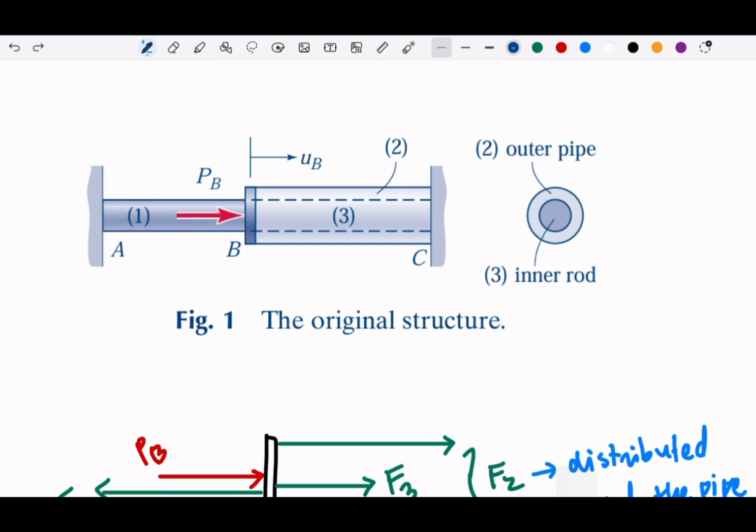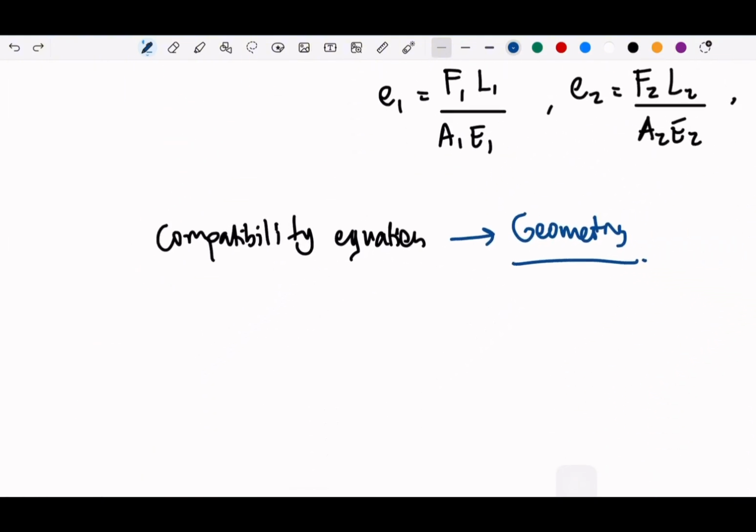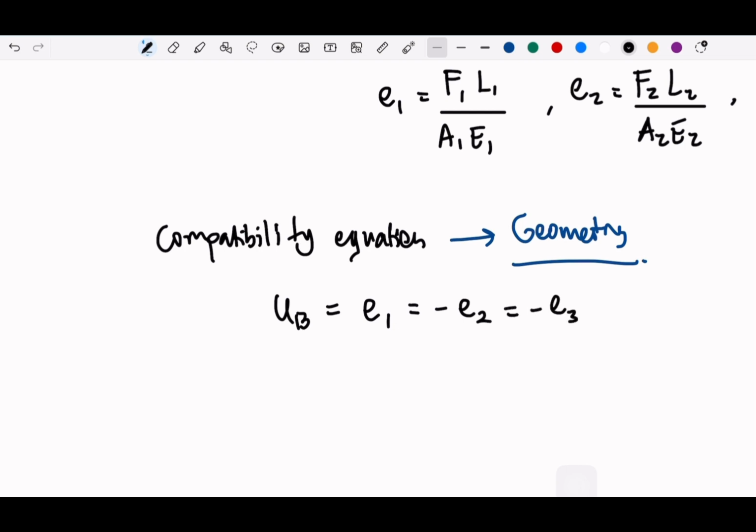So from our assumptions, the displacement of the plate will equal the elongation 1, but the elongation 1 will be negative elongation 2 and also negative elongation 3.